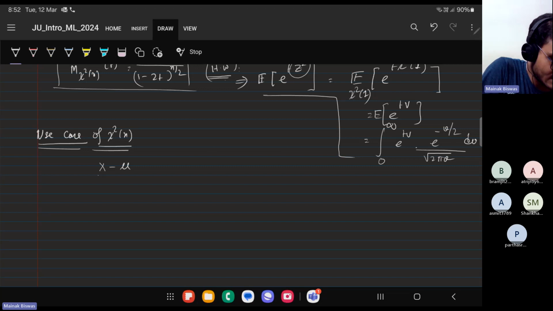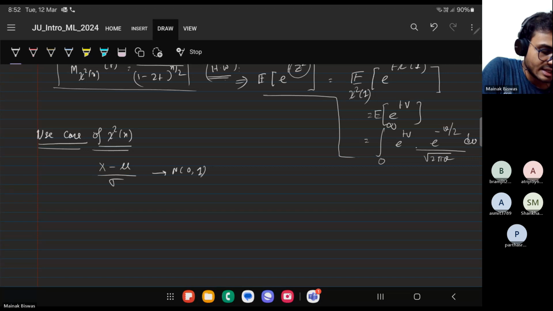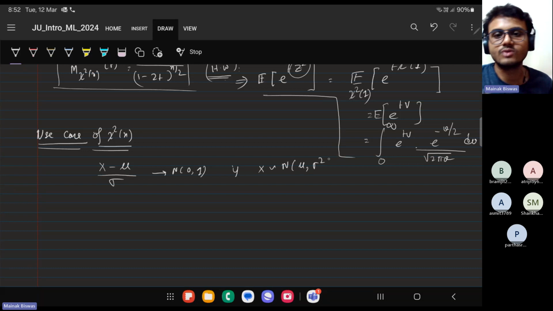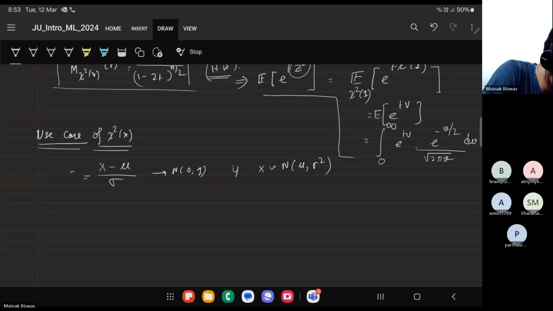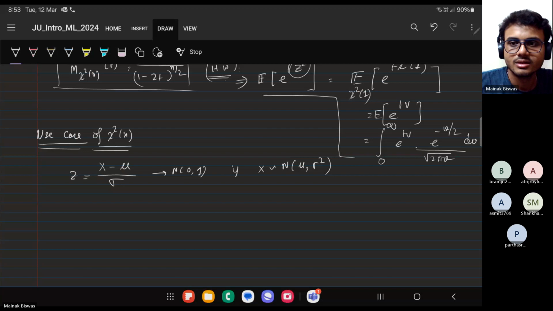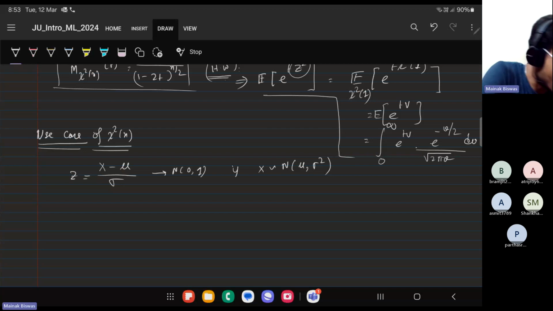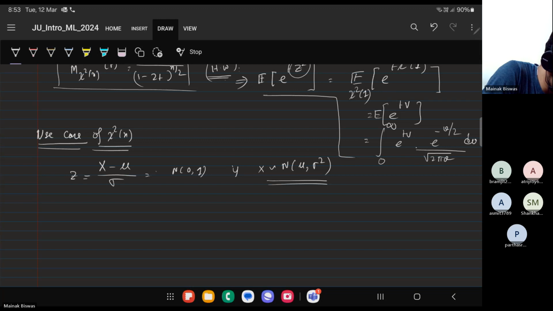Do you recall x minus mu by sigma was normal 0, 1 if x was distributed as normal mu sigma square? We had derived this from normal 0, 1 this way, right? Correct. So x is normal mu sigma square, and z is normal 0, 1. Do you agree? So they were related this way.